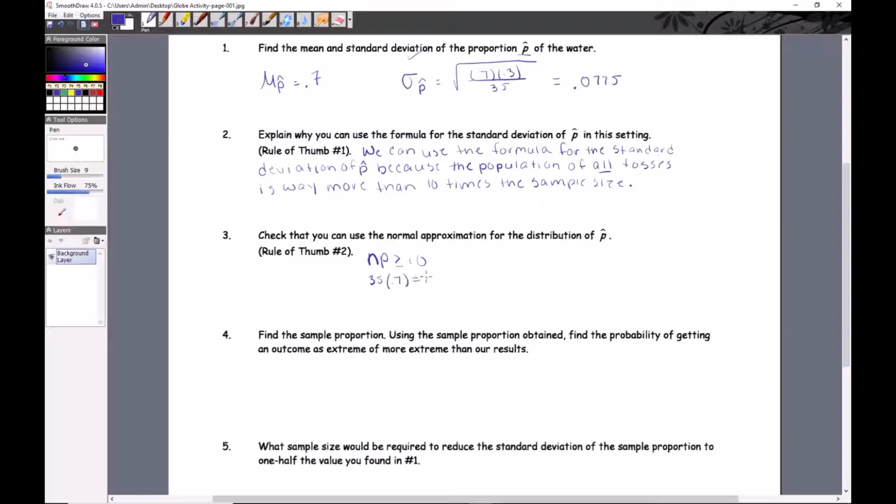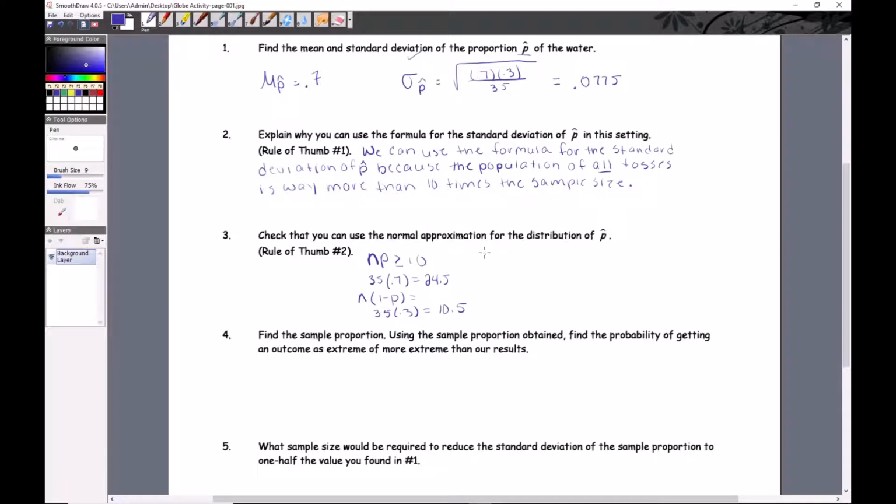That'll give us 24.5. That is bigger than 10. All right. And then we'll check n times 1 minus p. That'll be 35 times 0.3, and that'll give us 10.5. So we just kind of slipped barely under that condition, but we did make it, so we're good to go.